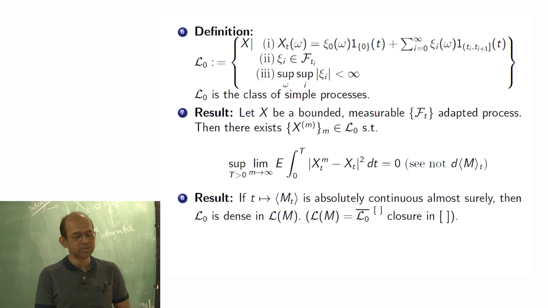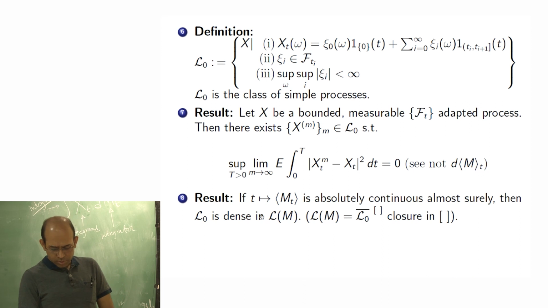Because this map also depends on omega. For every omega you get a different map, but you observe this map to be absolutely continuous with probability 1. That is what I mean by absolutely continuous almost surely. Then L0 is dense in L of m.